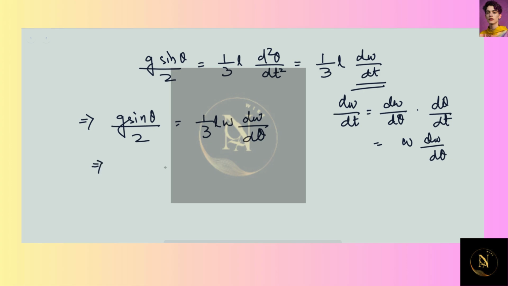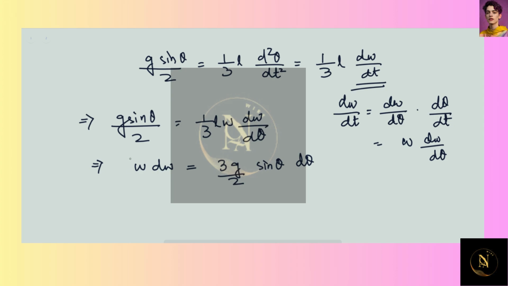Now, let me set aside the components that we are going to integrate. We have omega d omega on one side. Let's take all of these terms onto the other side, so we will have 3g over 2 sine theta d theta.